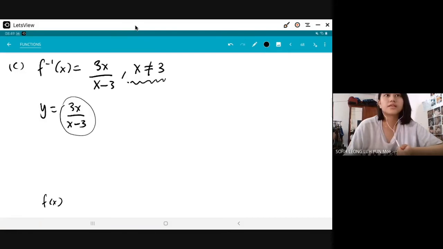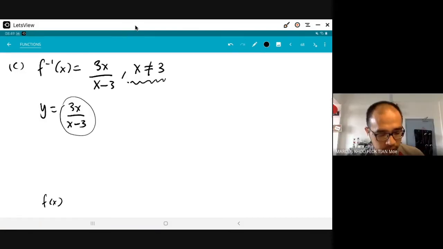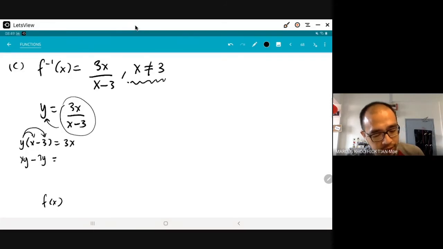Move x minus 3. Very good. Move x minus 3 together with this. So you get y(x minus 3) equals 3x. And then we multiply in. When we multiply in, xy minus 3y equals 3x. Then I move the x to the other side. So xy minus 3x equals 3y.